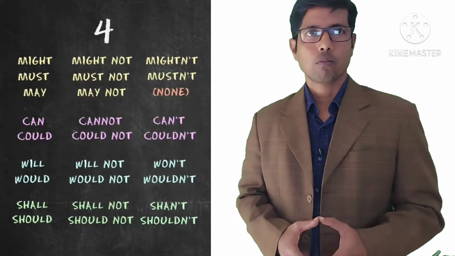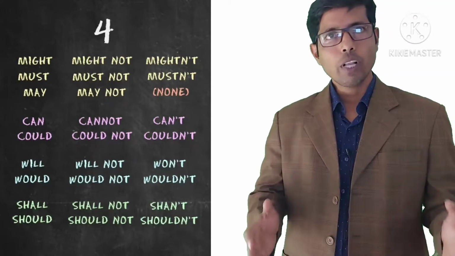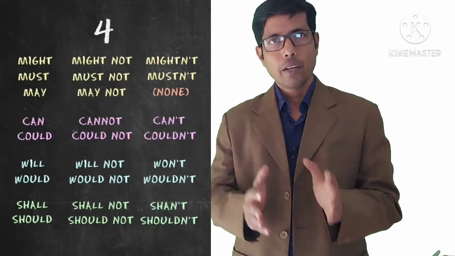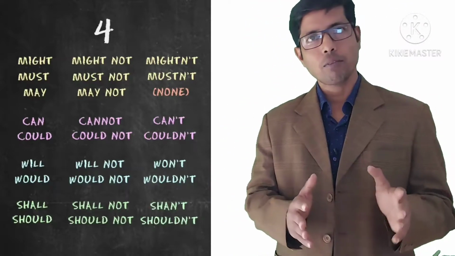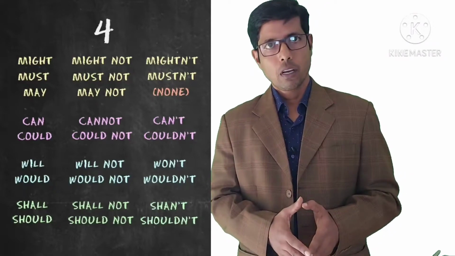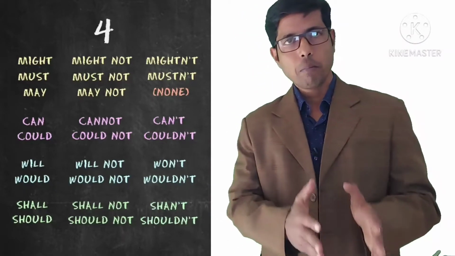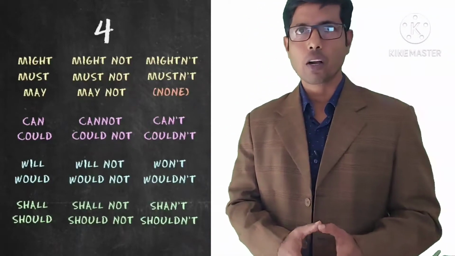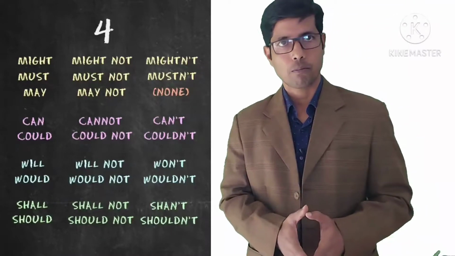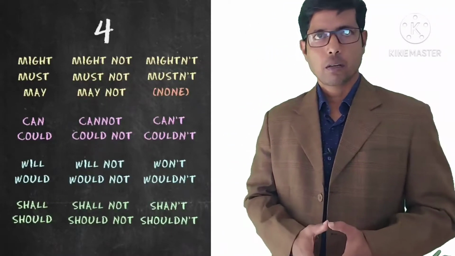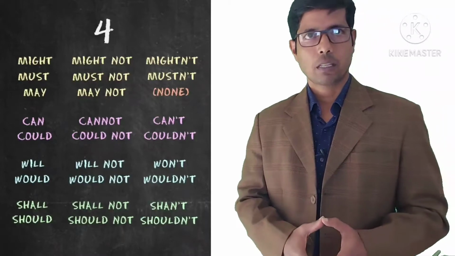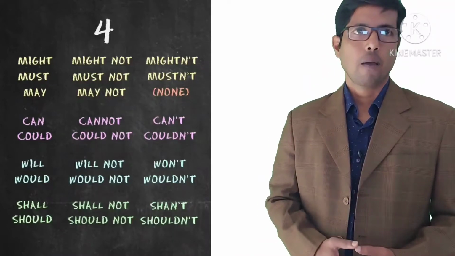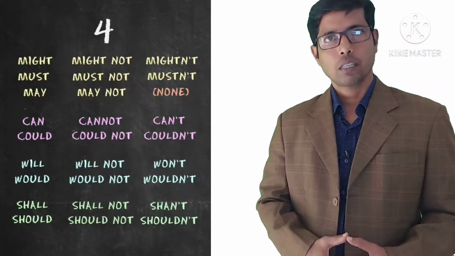Rule number 4, continued. Here we will see the contraction and negative form of these 9 modal verbs. At first, the main word, then the negative form, and after that the contracted form or short form. Might, might not, mightn't. Must, must not, mustn't. May, may not.